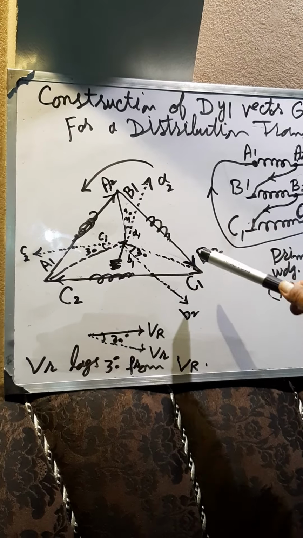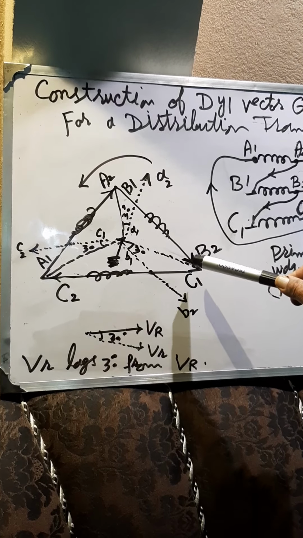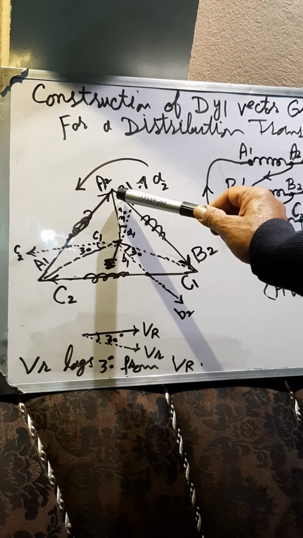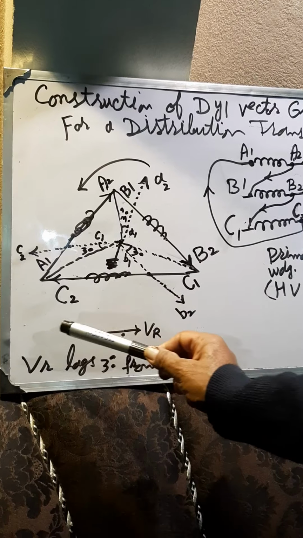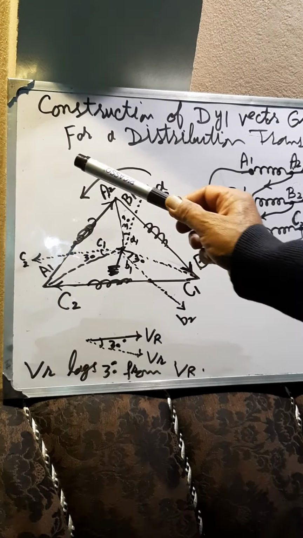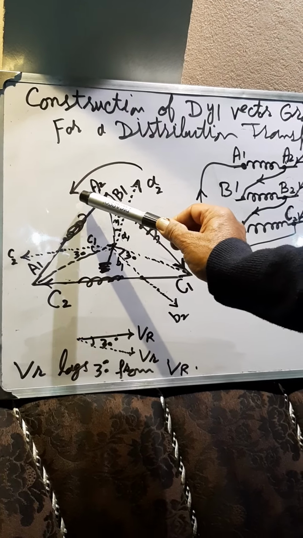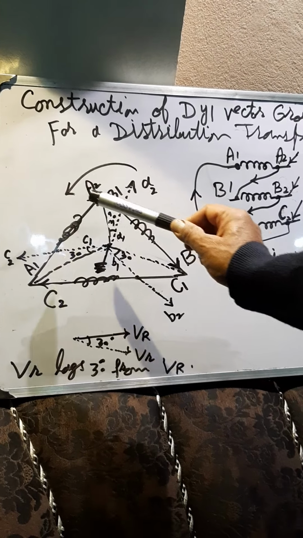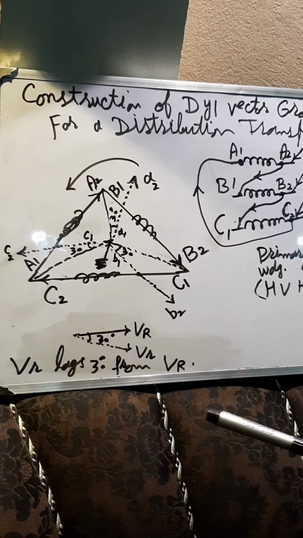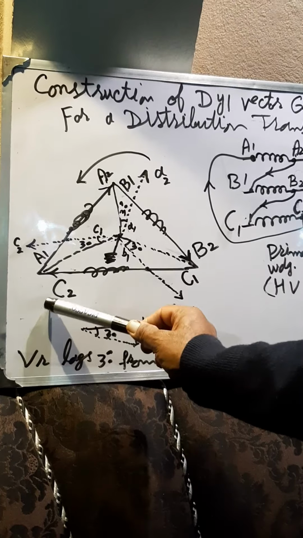So the primary winding vector B2 is terminating here, so start single B1 from here. Similarly, this A2 is our red winding vector of primary, it is terminating at A2, and hence the red winding vector of primary is starting from single A1. Similarly B2, and C2.